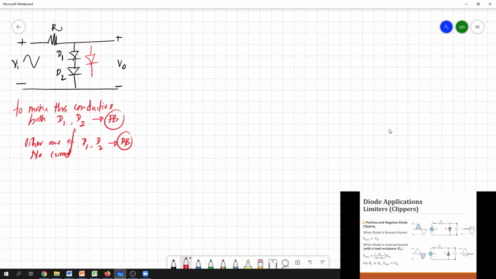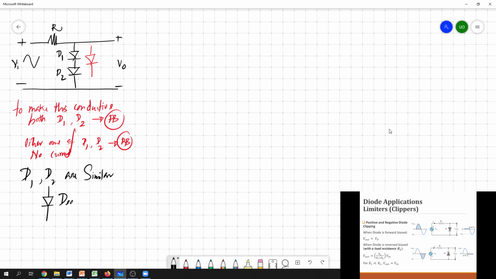So if we assume that D1 and D2 are similar, then we can model this equivalent diode.